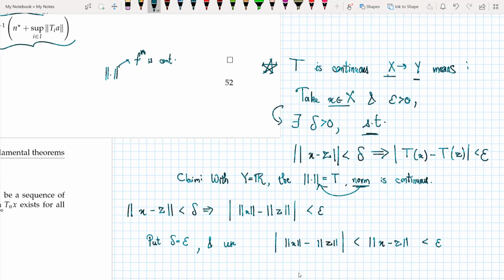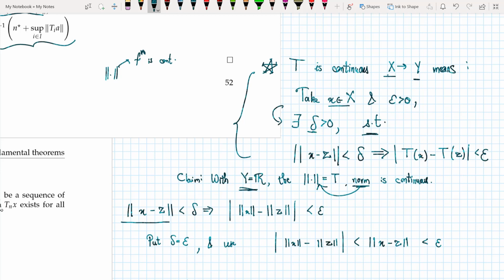So this is the definition of continuity, and I'm very careful with how I have set it up. And now the claim is that with Y equal to R, the real number line, the norm, that is T, which is my operator here, is continuous. So now I want to prove that norm of x minus z less than delta implies that norm of x minus norm of z is less than epsilon. So what's happening is, if I take an x and an epsilon greater than 0, I can find a delta.